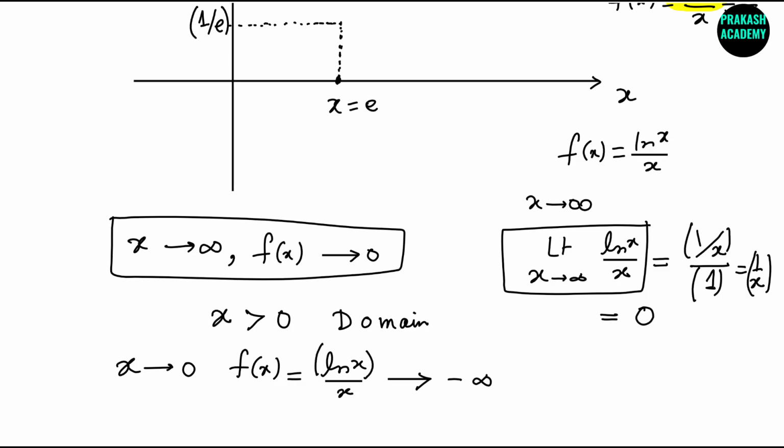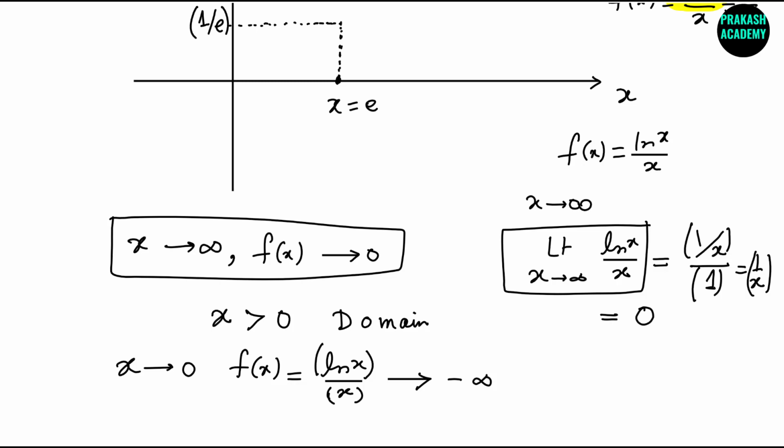So log x will be negative. If x lies between 0 and 1, very close to 0, log x will be negative, and x is a very small number. So you are dividing a negative number by a very small number, then this will tend to minus infinity.